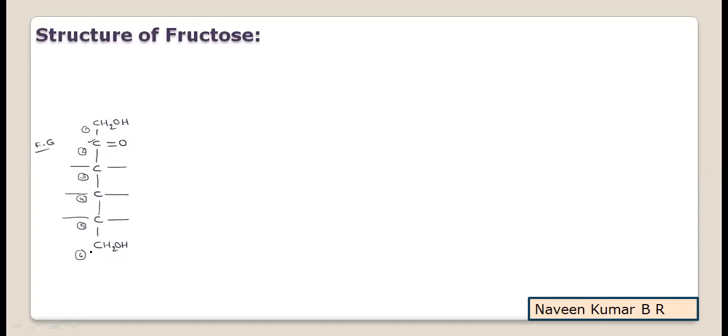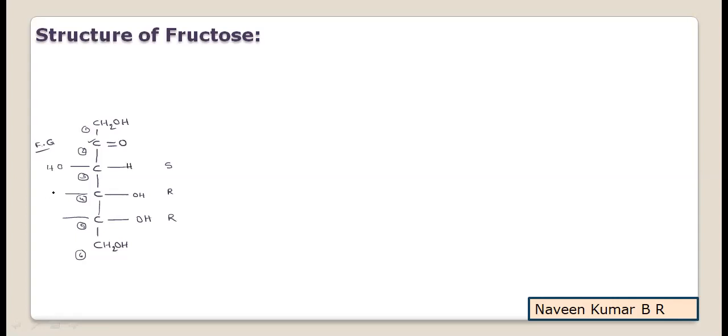First and last you write CH2, then from CIP rules, in glucose, in the second carbon, OH is on the right hand, then on the third carbon it is S, and on the fourth carbon it is on the right, and on the fifth carbon again it is on the right, and the remaining is hydrogen.